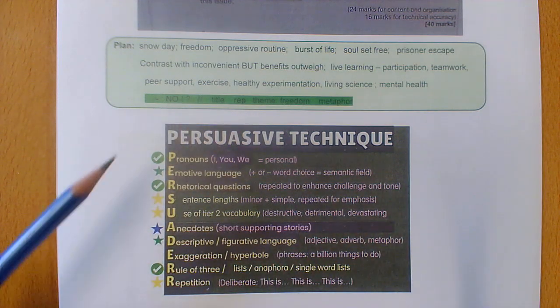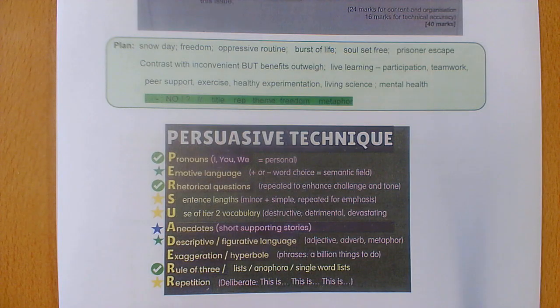Persuasive features, I've graded these here. The green ticks are the ones we do without even thinking. The green stars are very full of marks. The yellow stars really push your mark up a whole grade, literally a whole grade. But the blue is the cleverest thing to choose here, because that's storytelling.